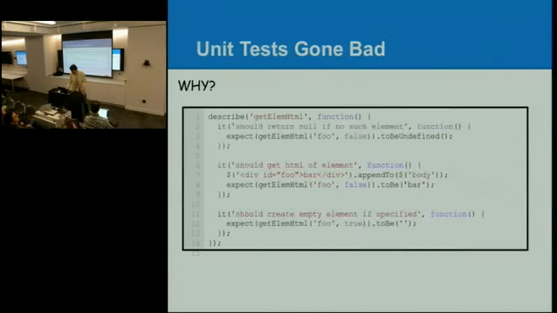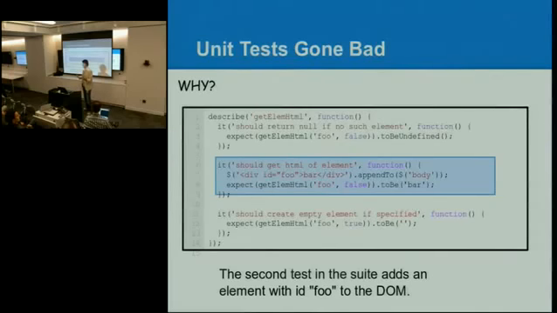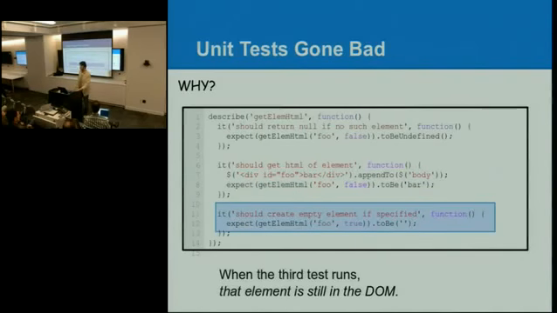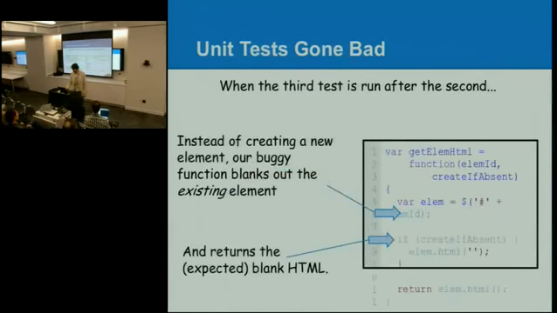Why? Well, because that second unit test is in fact adding an element with the ID of foo to the DOM. And that element is still there when the third unit test runs. So the third unit test exercises its broken functionality. It looks up the existing element that shouldn't be there. It blanks out its HTML, and it gets the empty HTML string that it expects.